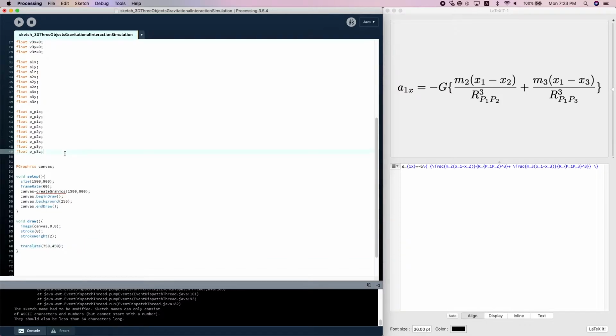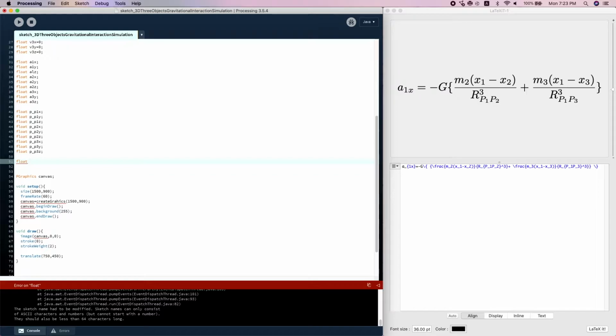And then I would also have to declare the ball size, the sizes of the balls, and the size of the lines. That's going to be important to give the illusion that our simulation is actually on a 3D plane, although our screen is 2-dimensional.